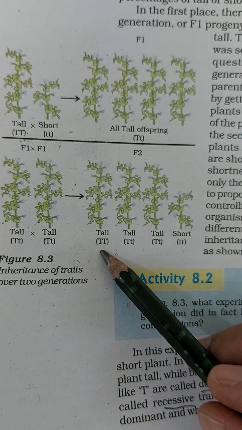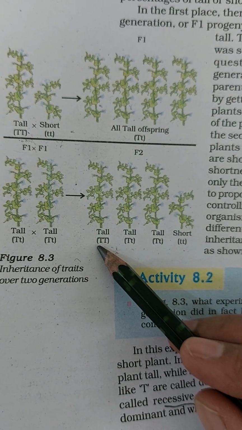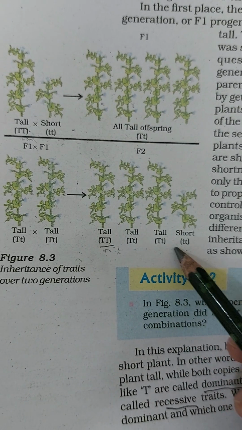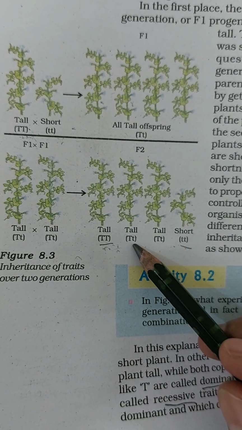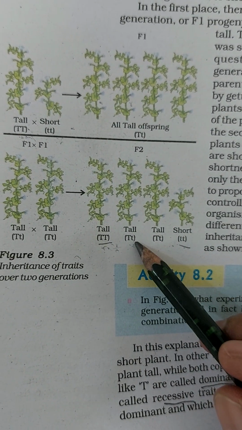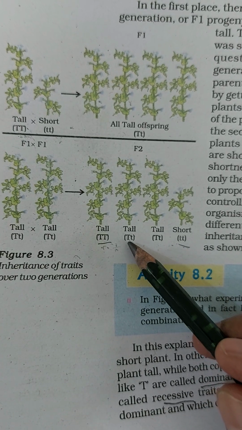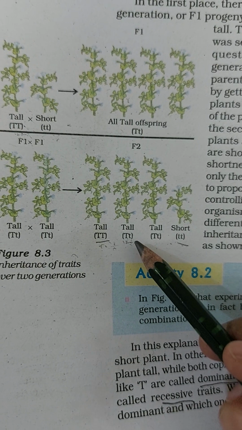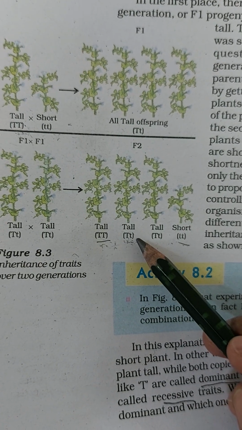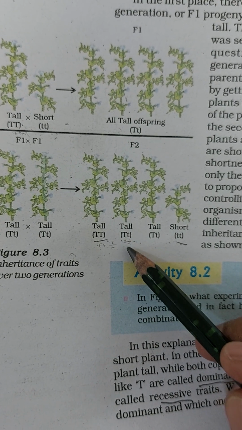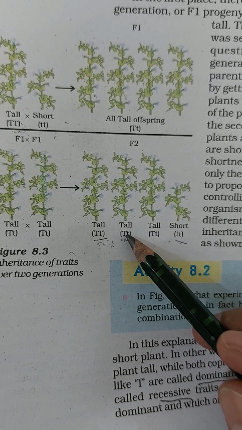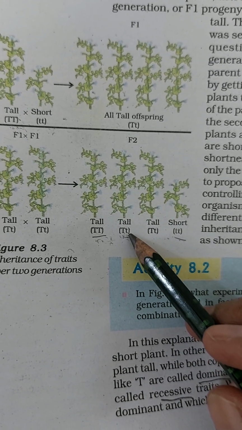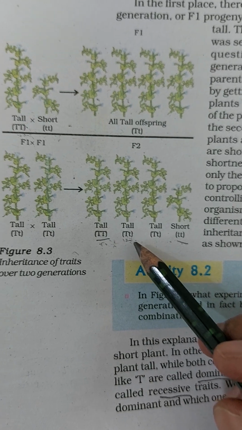Here we can see that this is pure dominant, this is pure recessive, and these are impure tall and again impure tall. Since both the traits are present, capital T and small t, but capital T is expressed, that is why it is known as dominant. So a single trait is enough for expressing itself if it is dominant in nature.